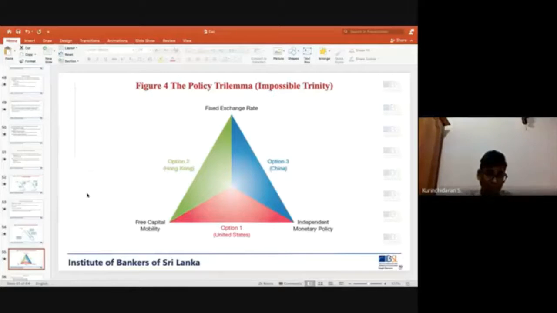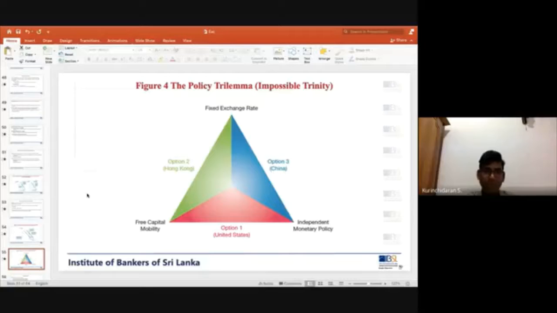Then capital will move, because there may be other countries that give a better return. So when the capital moves outside, what will happen to the exchange rate? It would change.